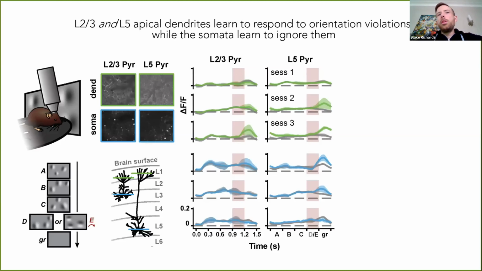I don't personally think this is an adaptation response, though properly picking this apart would require more evidence. My reasons are two other issues. The first is that we see this response in the apical dendrites come up over the course of 3 days.